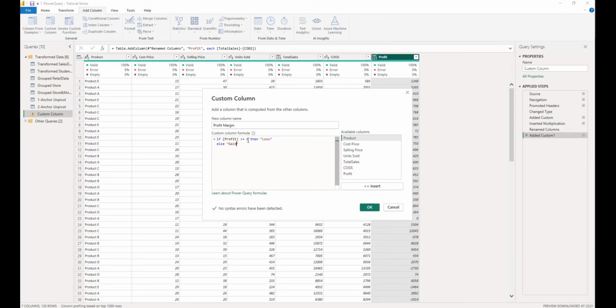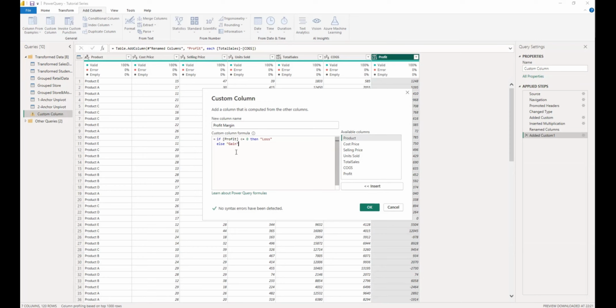Oh God, this should be zero. So if profit is less than or equals to zero, then loss. And else, meaning anything greater than zero, is a gain.